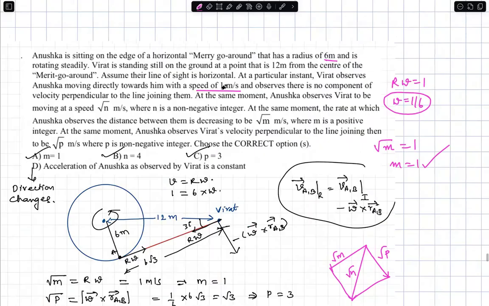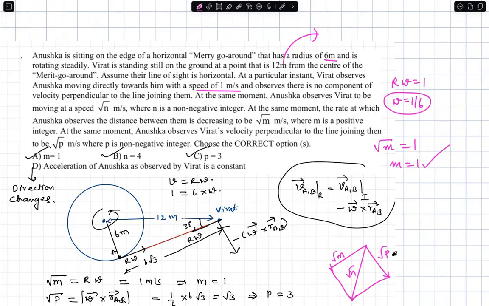You said 12 meters away, so this distance is 12 meters. Radius is 6 meters. So this distance, as per Pythagoras theorem, will be 6 root 3 meters. Simple application. Now, this is nothing but R relative.